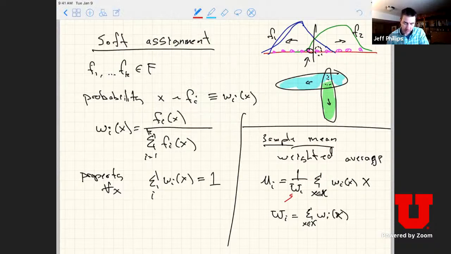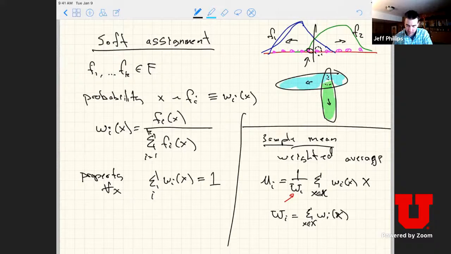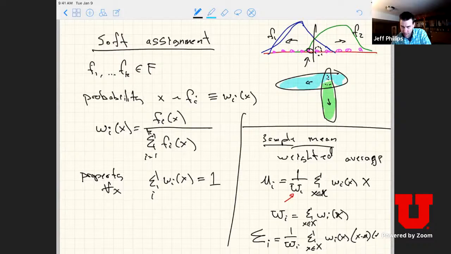And I'm going to do the same thing with the sample covariance, right? This is going to be 1 over the total weight of the ith cluster, the sum over x in the data of the weight of x times (x minus mu_i)(x minus mu_i) transpose, right?